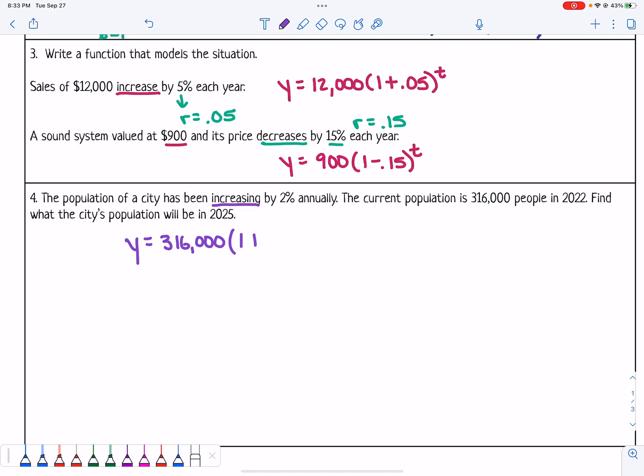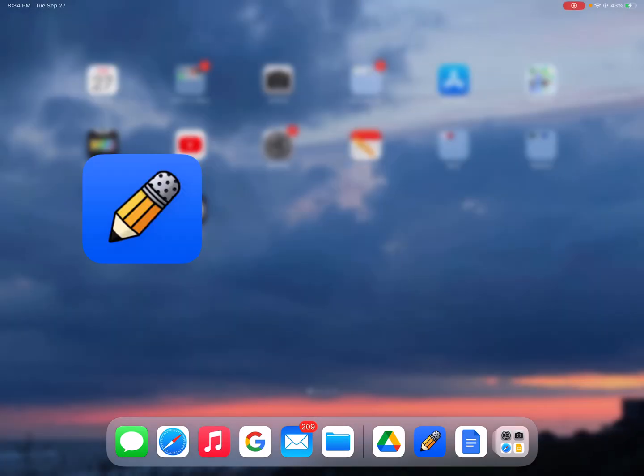So we need to write 1 plus 2%, which is 0.02. And then we got to plug in time. I'm just going to write it again and plug it in so you see what I'm doing here. So time would be 2025 from 2022. So that's 3 years have passed in between those two.